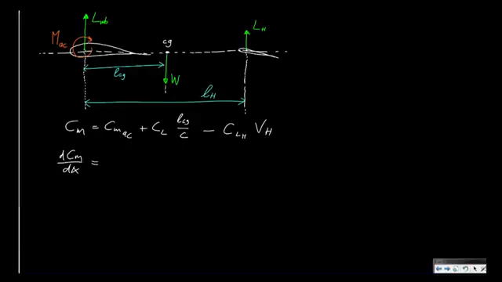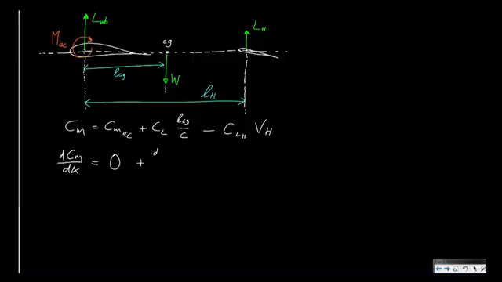Well, the first thing we do, we have to derive the moment coefficient in the aerodynamic center due to alpha. Well, the derivative to alpha means the change due to a change in alpha. The definition for aerodynamic center was that this was constant for all angles of attack, so the derivative to alpha is 0. Here, for the lift, this is not true. If we change the angle of attack, the lift coefficient will increase.